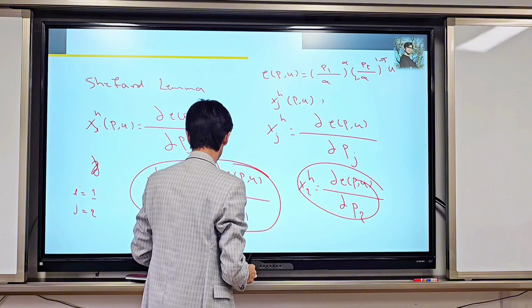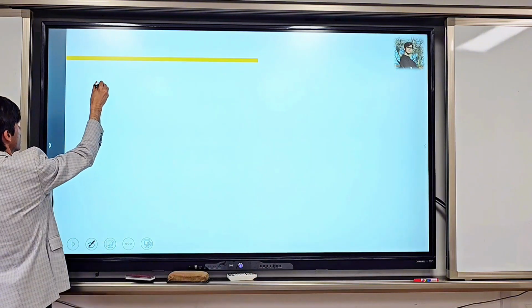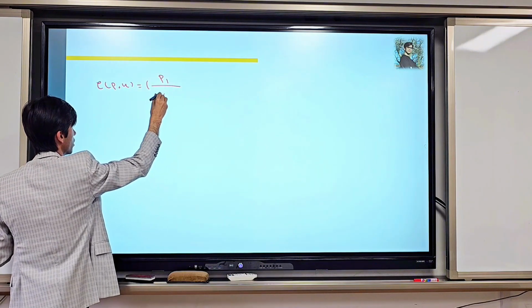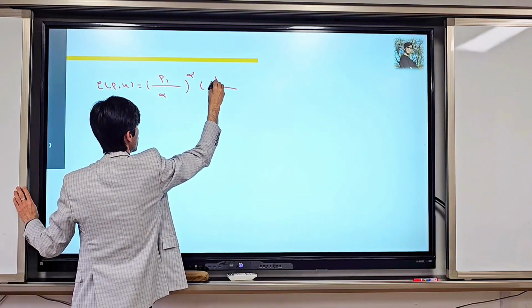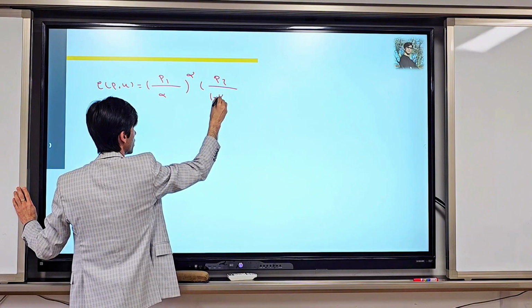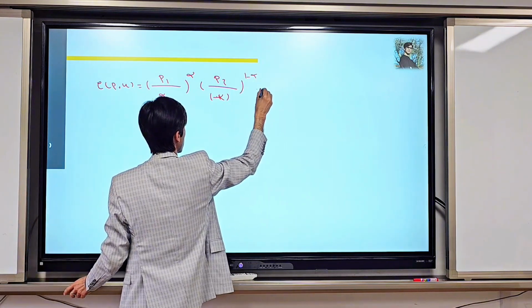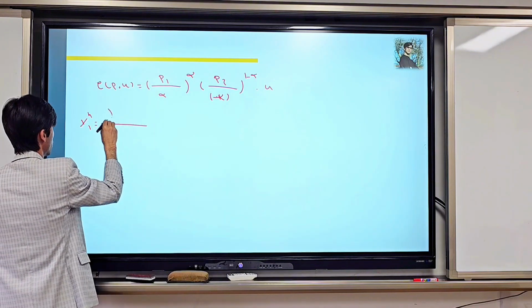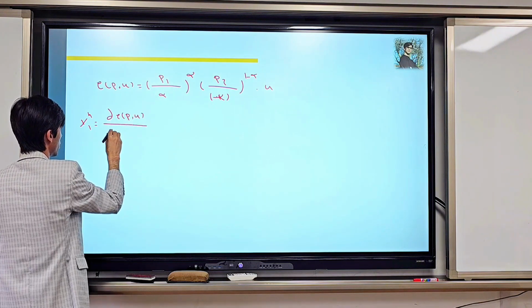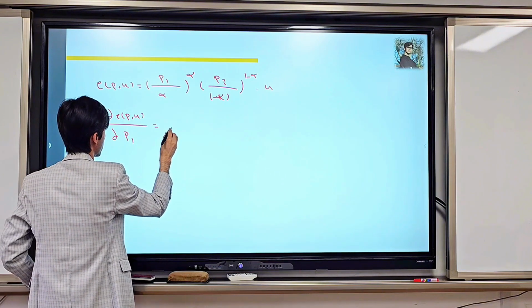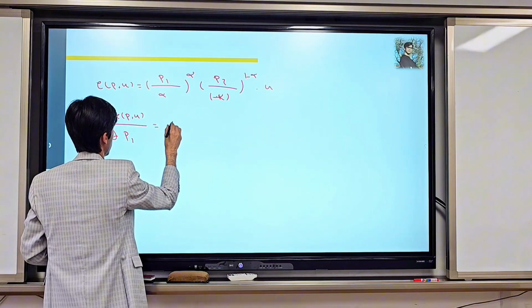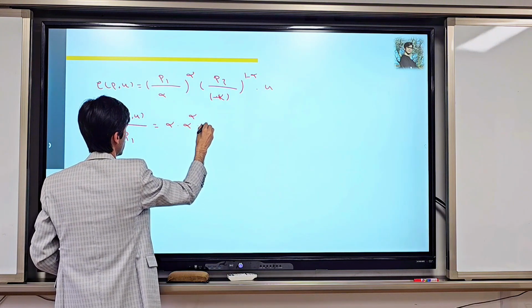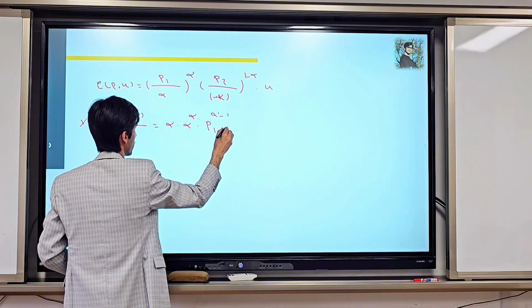And again, the E(P,U) is equal to (P1 over alpha) to the power of alpha, (P2 over (1 minus alpha)) to the power of 1 minus alpha multiplied by U. So then, x1h is equal to the partial derivative of E(P,U) with respect to P1, which is equal to now alpha multiplied by this alpha to the power of alpha multiplied by P1 to the power of alpha minus 1.